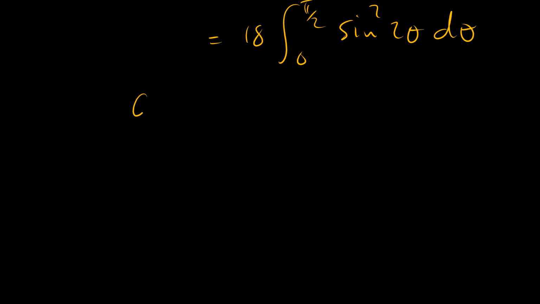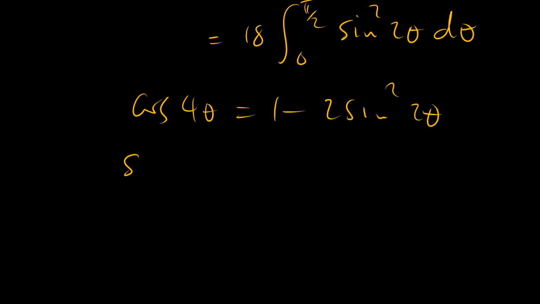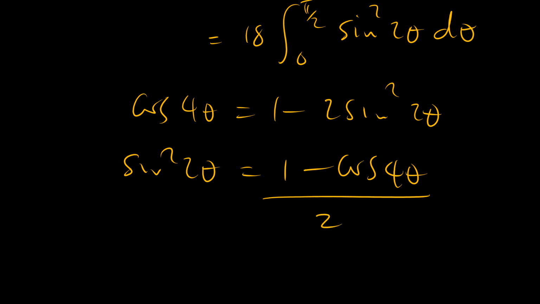Now we know that cosine of 4 theta would be equal to 1 minus 2 sine squared 2 theta, such that sine squared 2 theta is equal to 1 minus cosine 4 theta divided by 2, right? So in other words, our problem becomes 18 times the integral from 0 to pi over 2 of 1 divided by 2 times 1 minus cosine 4 theta.